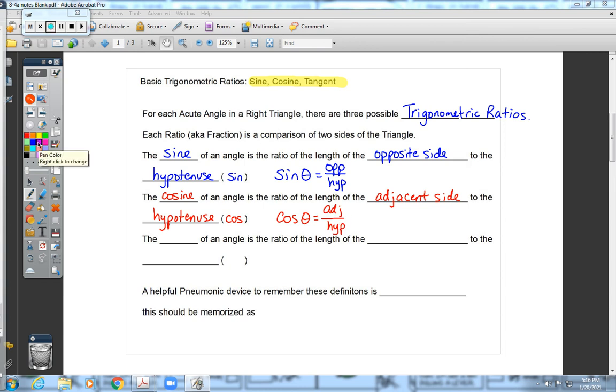Finally, our third and final new vocabulary word is tangent. Now, this is only one usage of the word tangent in geometry alone. The word tangent has several different meanings in mathematics, but in this case, the trig ratio version of tangent is the ratio comparing the length of the opposite side to the length of the adjacent side.